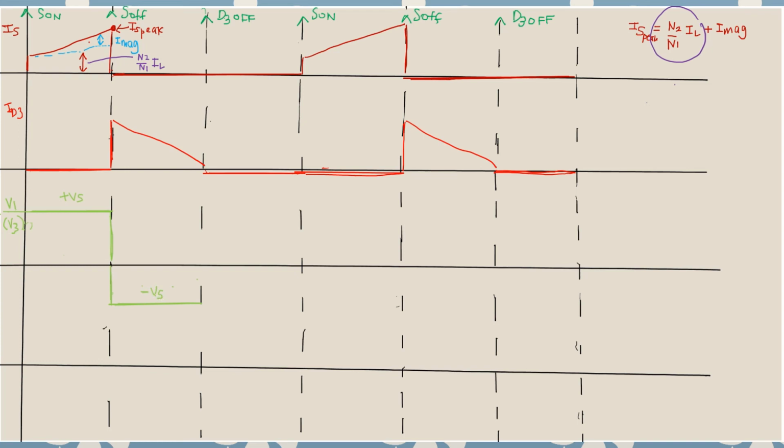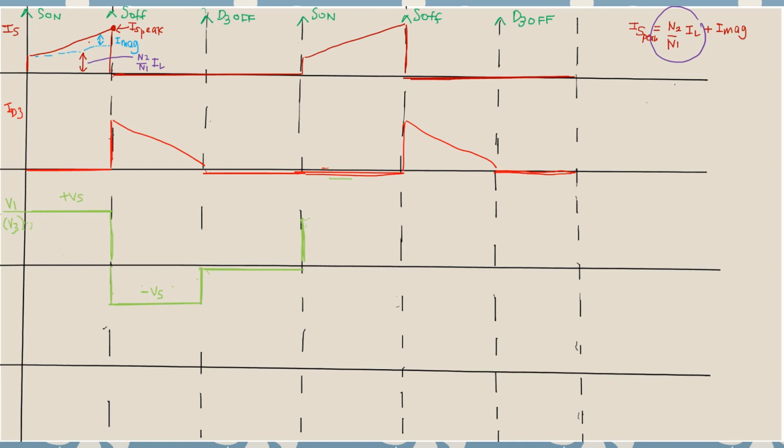But however, this negative Vs will go to 0 because during the D3 off, there will be no more supply of V1. So this one will go to 0. And when the switch is on again, of course it will repeat again. So we have S1 again.